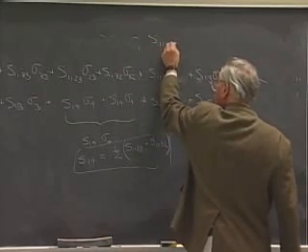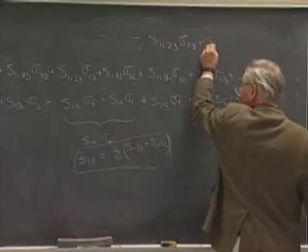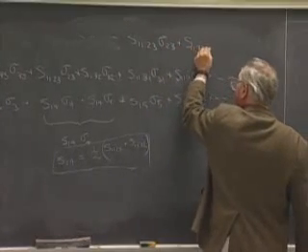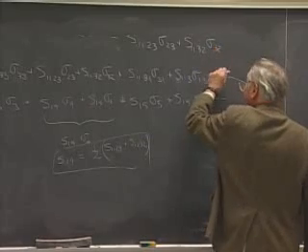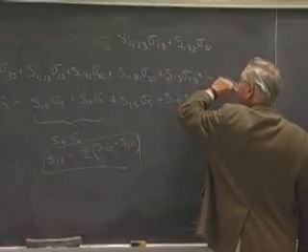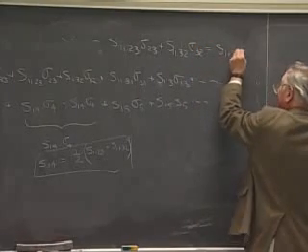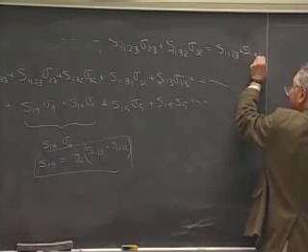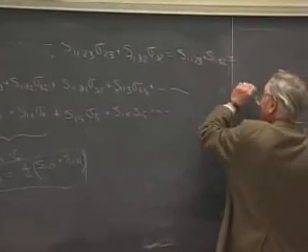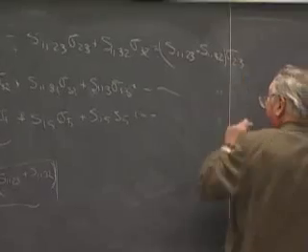S1123 times sigma 23 plus S1132 times sigma 32. I know that sigma 23 is equal to sigma 32, so I could write this as S1123 plus S1132, just simply times sigma 23, one of them.